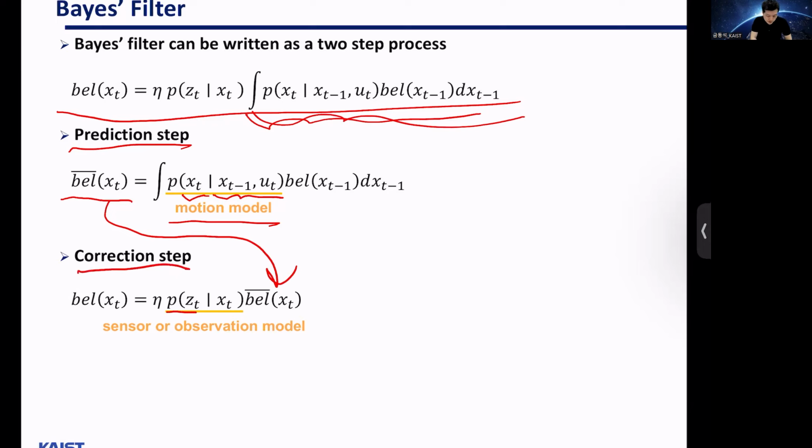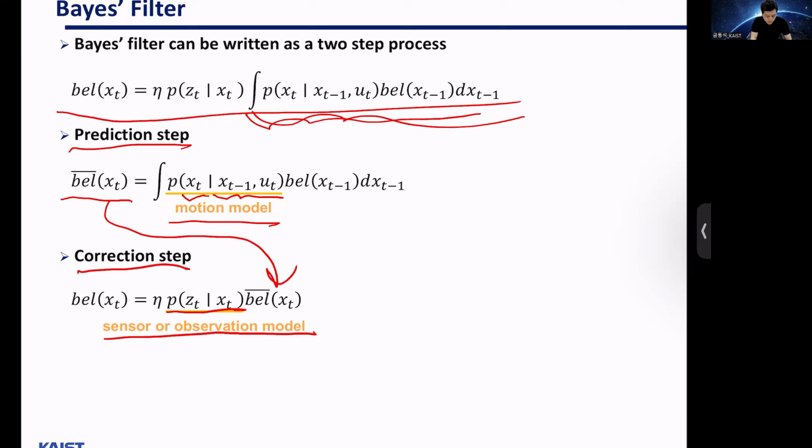And then we are left with the correction step, which is P of z_t conditioned on x_t. So this one requires a sensor or observation model. So we want to find out the distribution of z_t given x_t.